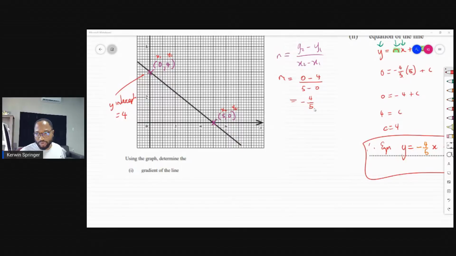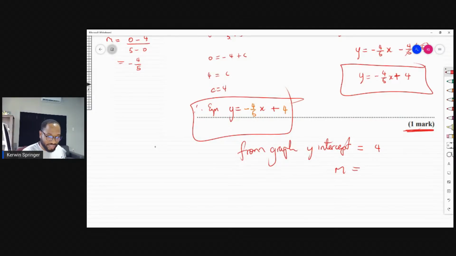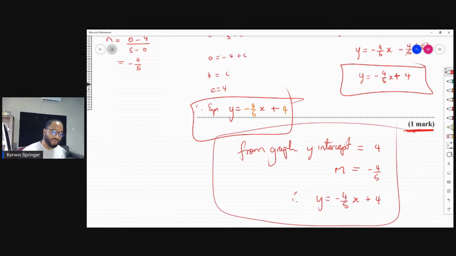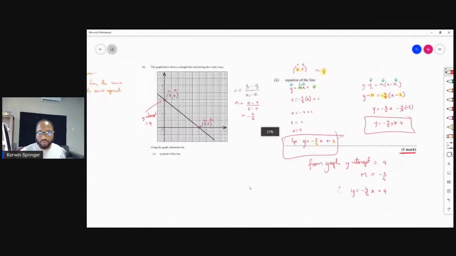So you know the y-intercept, and you know the gradient of the line from the graph. The y-intercept is equal to 4, and the gradient is equal to negative 4/5. Therefore, y is equal to negative 4/5 x plus 4. So this is another way you can do it, basing it on the graph. Well done. What do you all think about that?